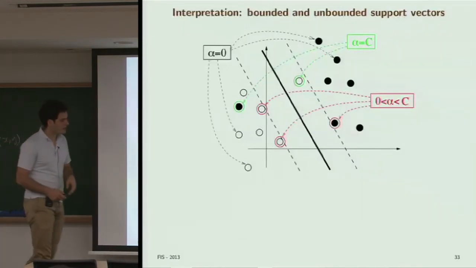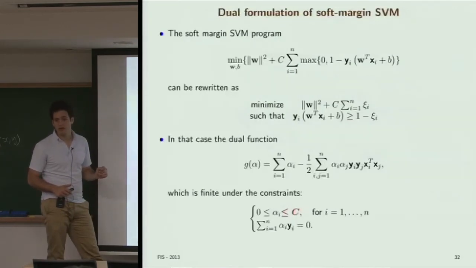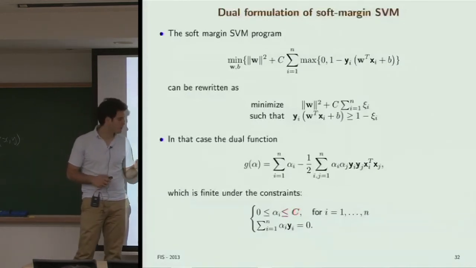So what you can see is that the C coefficient plays a very important role. Basically, C controls how much influence the errors can have on the surface W. If C is very close to 0, then even the mistakes will not play a very important role.